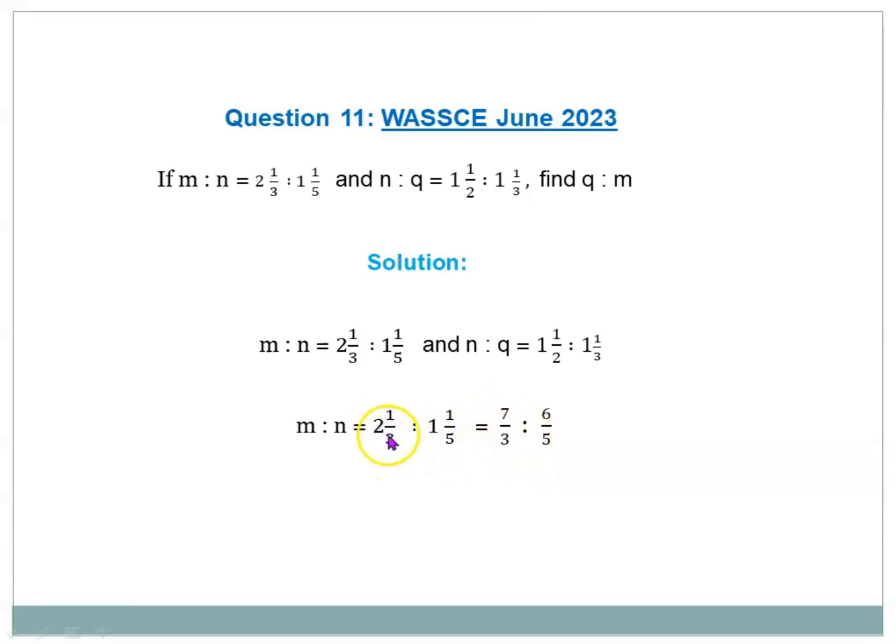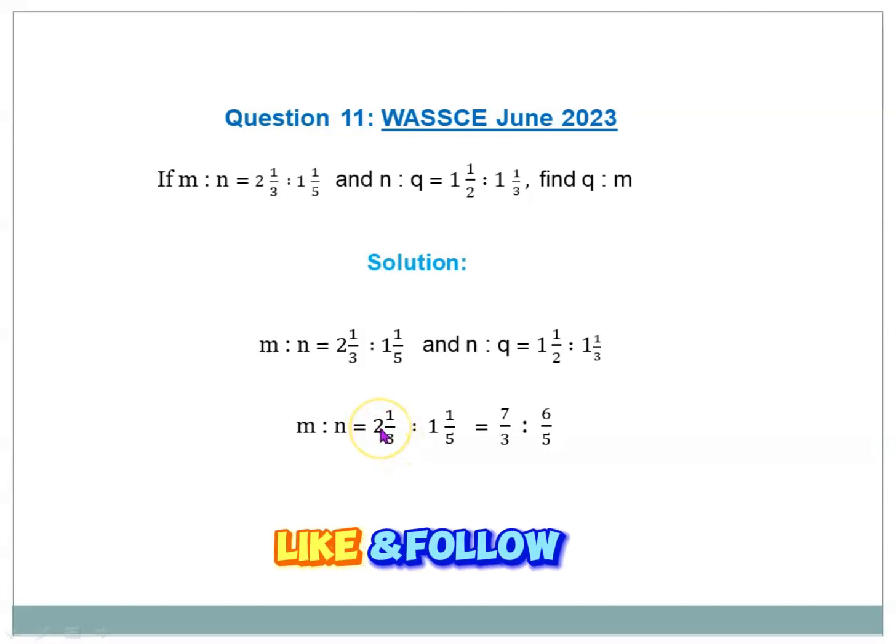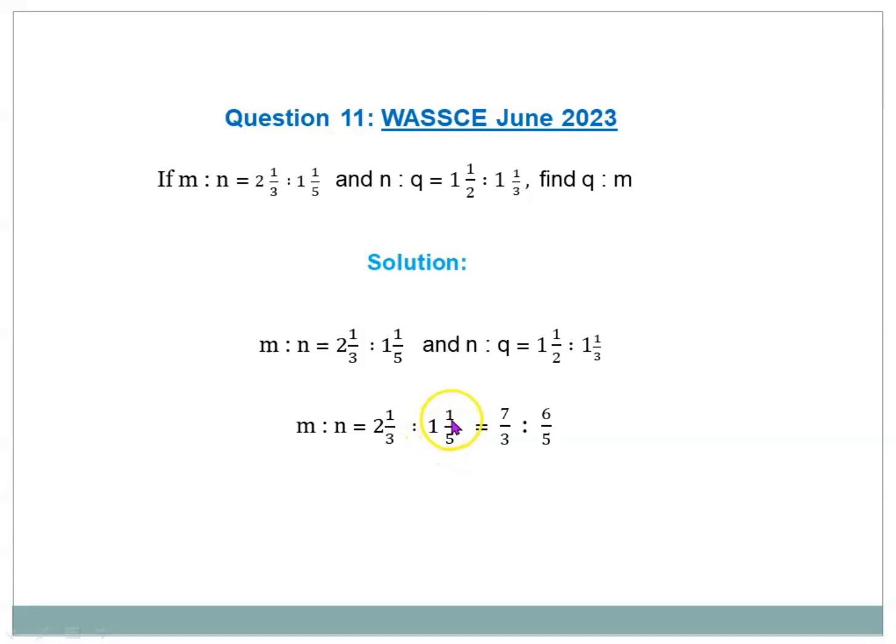We see here 3 multiplied by 2, that is 6, plus 1, that is 7, over 3. Then for n, 5 times 1 is 5, plus 1, that is 6 over 5.